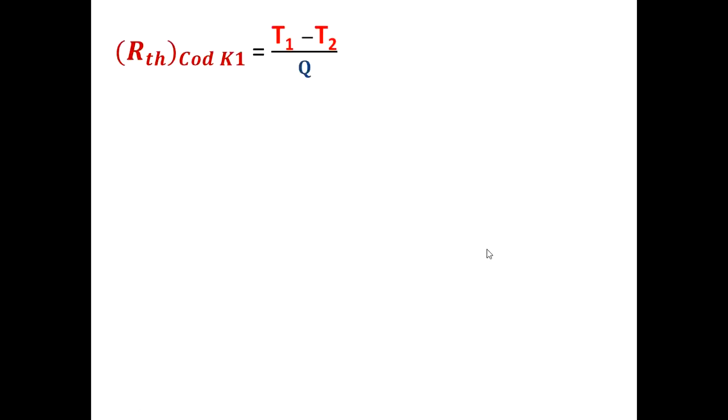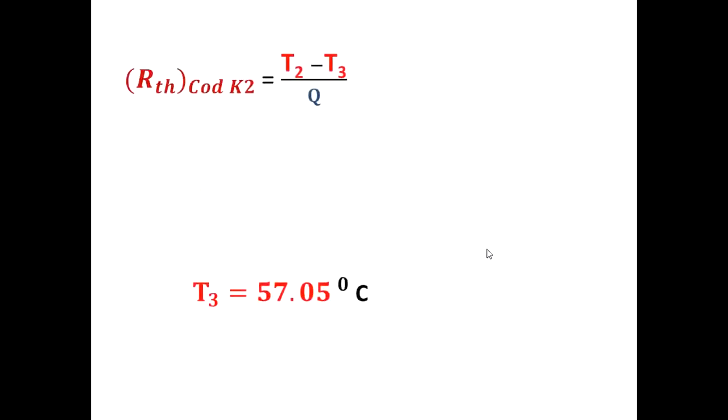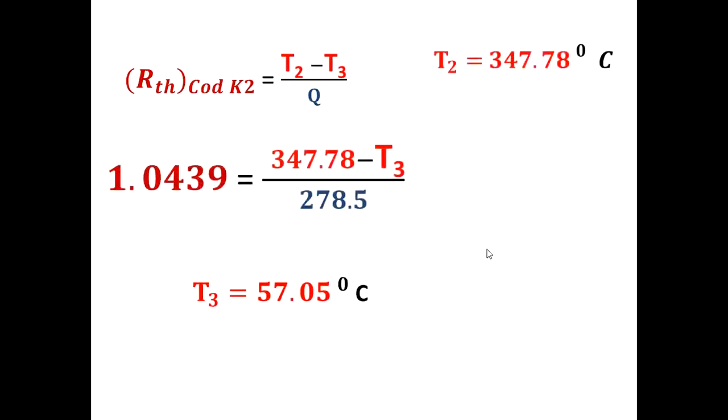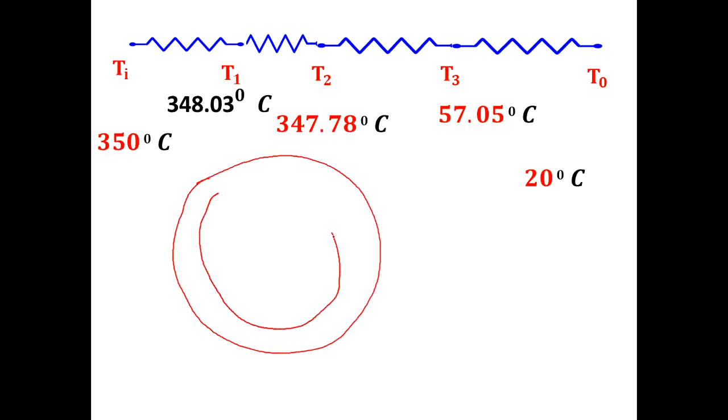R thermal K1, this is the answer you will get. T2 due to K2, you will get the answer like this. T3 value. T1, T2, T3, T4, all the temperatures you got, note down in your notebook, then you will get an idea. Temperature is reducing from inside to the external point.